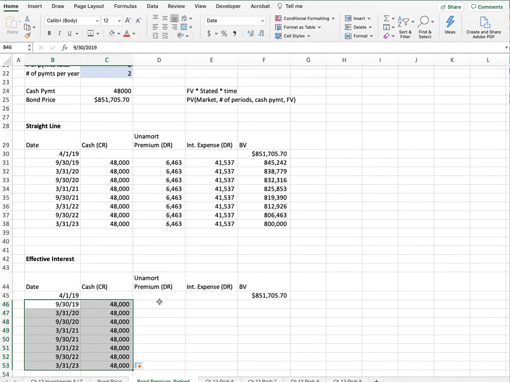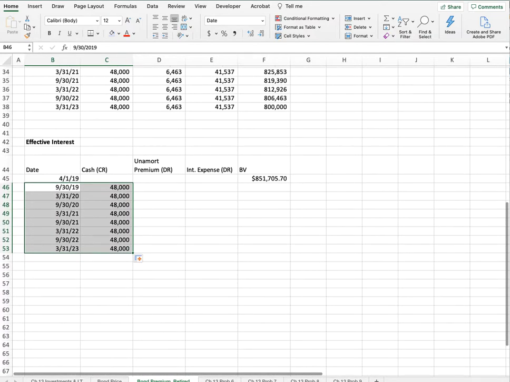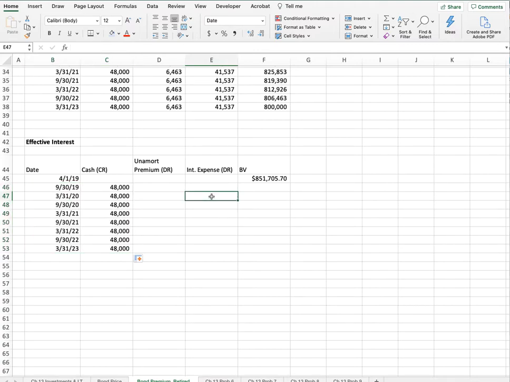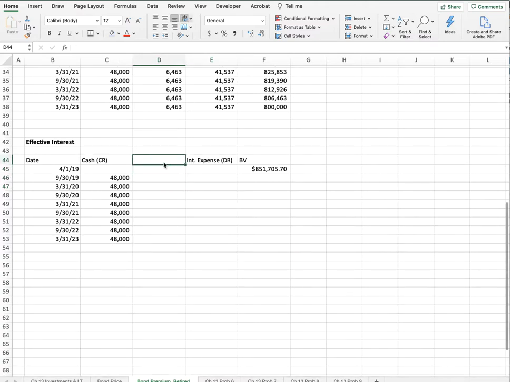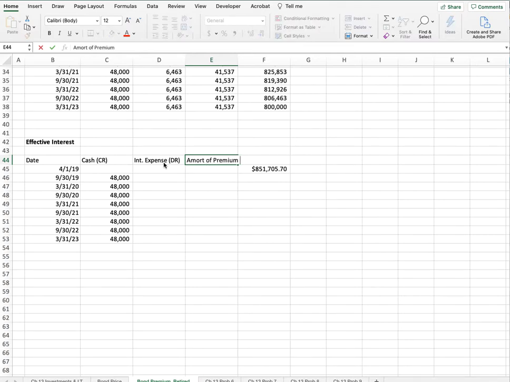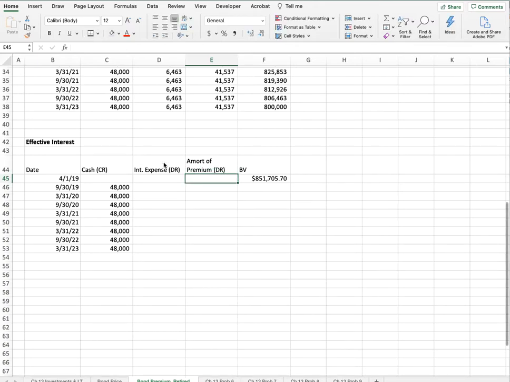And now we can calculate our, I guess the location of these is throwing me off. I'm just going to switch these. And that's a debit. Okay.